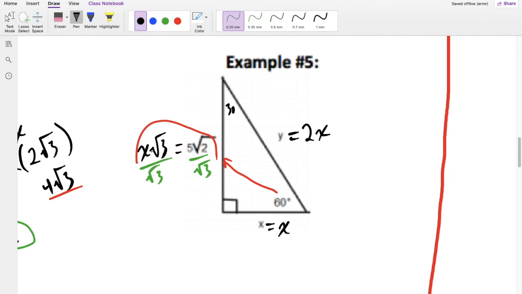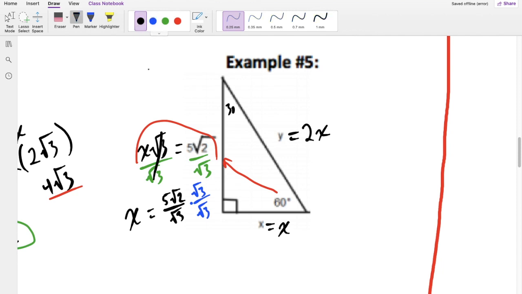On the left side, that just cancels, leaving me with just x. And on the right side, I now have an irrational number in the denominator, so I need to rationalize the denominator. I'm going to do that by multiplying by the square root of 3 over the square root of 3.